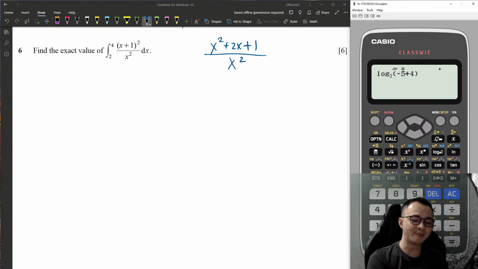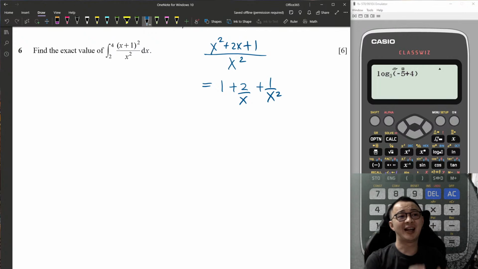So this is how I simplify it. I will just divide everything by x squared. x squared divided by x squared is 1, plus 2x divided by x squared is 2 over x, and then plus 1 over x squared. You see? I actually split them into 3 different fractions by taking each of the terms above divided by the x squared.